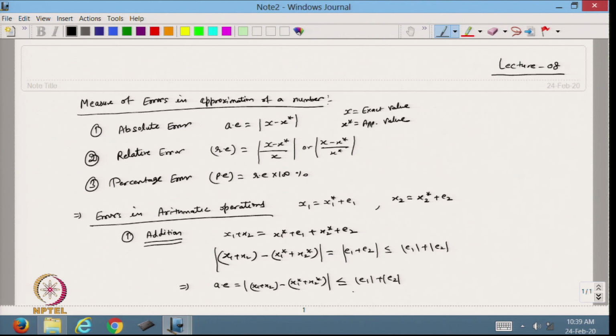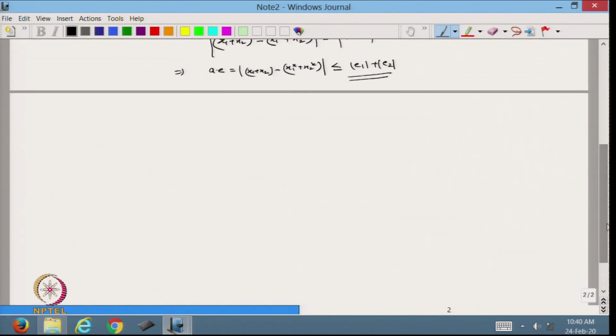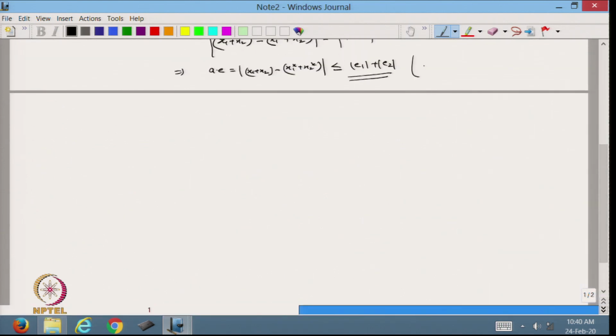This does not give the exact value, but it gives the upper bound. Upper bound means that if I add two numbers that already have some errors, then the maximum error that can happen in the addition is always less than or equal to the sum of the moduli of the errors in the corresponding numbers.